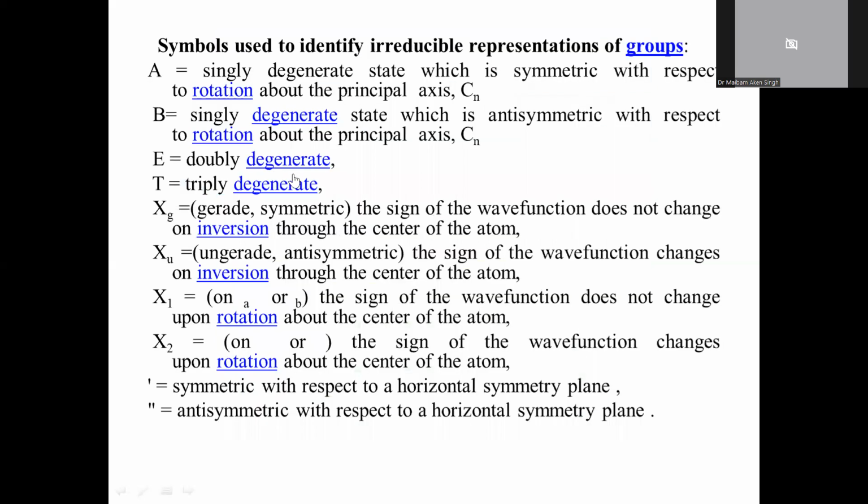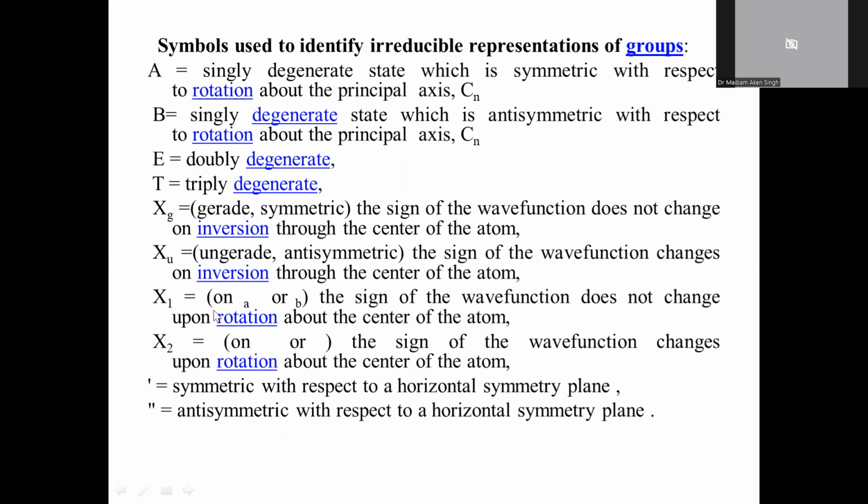Some important points from group theory we have to know. The symbols are used to identify irreducible representations of a group. Here A, singly, as I mentioned in the first part of the slide, is A, B, E. X means any of A, T, E, as we name Eg, T1g like that.